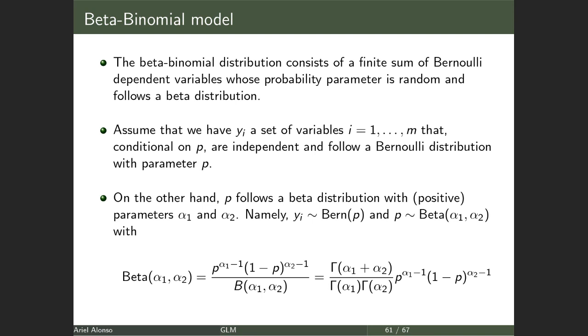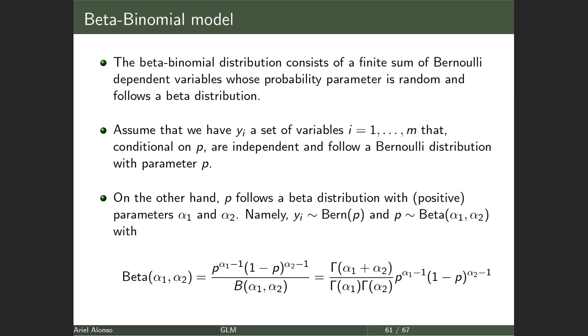So let's see this in a little bit more detail. Assume that you have a set of variables yi, i going from 1 until m, and assume that conditional on P, the probability, they are independent and follow a Bernoulli distribution with parameter P. So conditional on this probability, all these random variables over here are independent and follow a Bernoulli distribution.